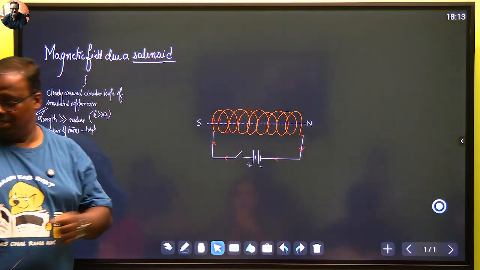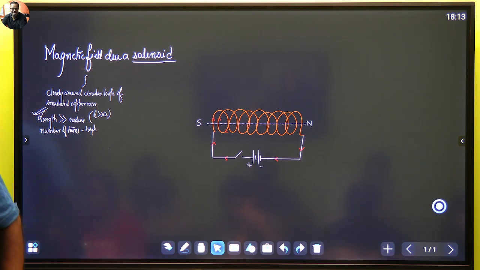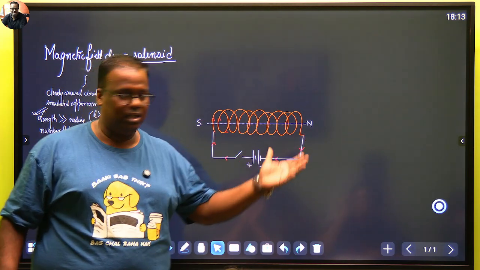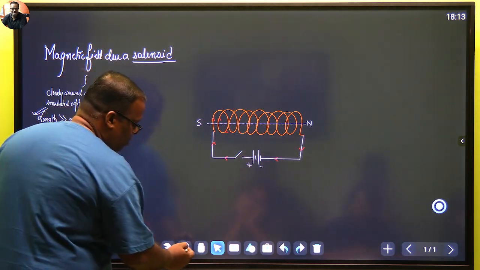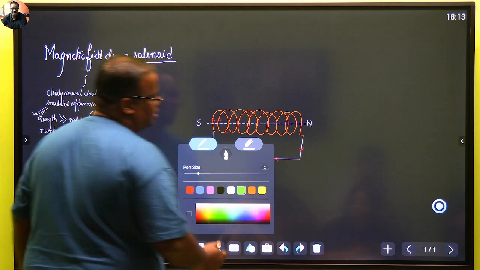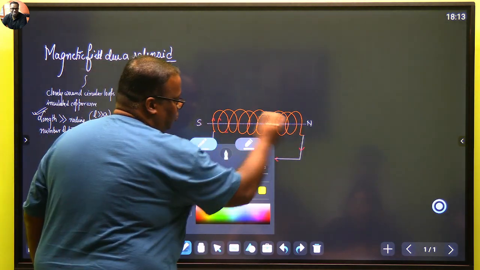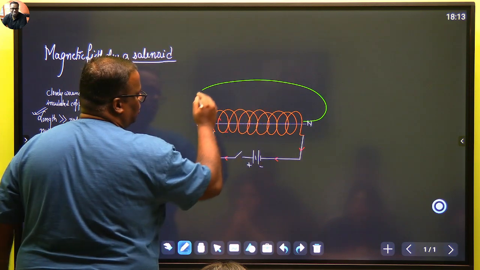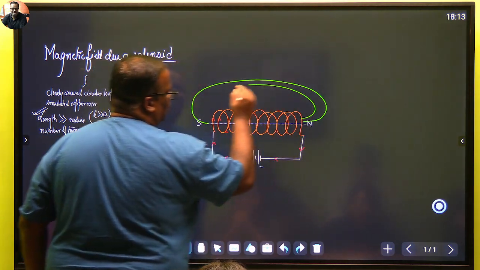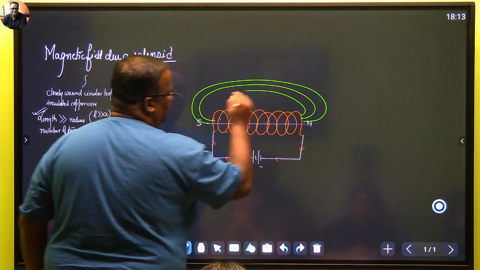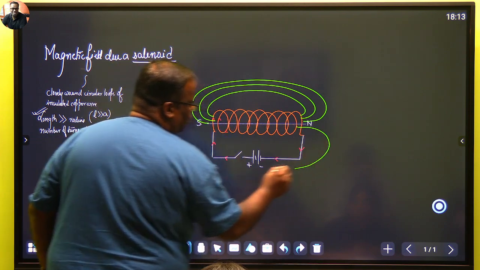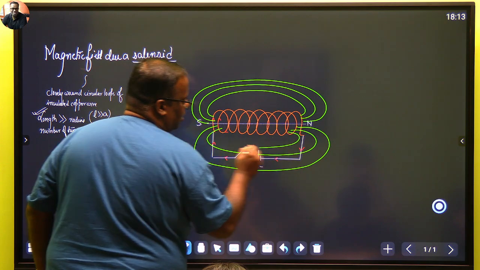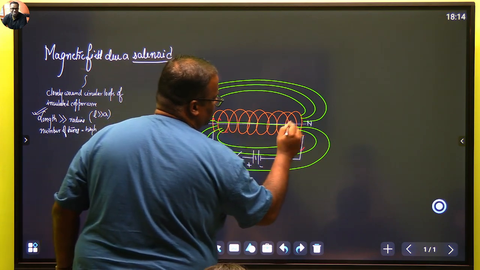Now, if you take a magnetic compass and start plotting the magnetic field lines, you get very interesting magnetic field lines. North pole, south pole. You will find magnetic field lines originating from the north pole and ending at the south pole. And inside, how will it be?